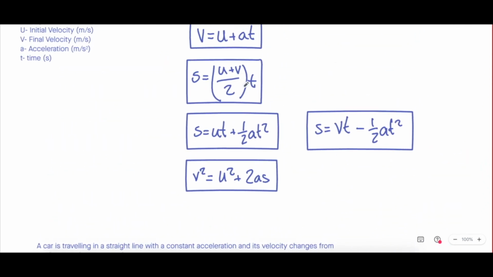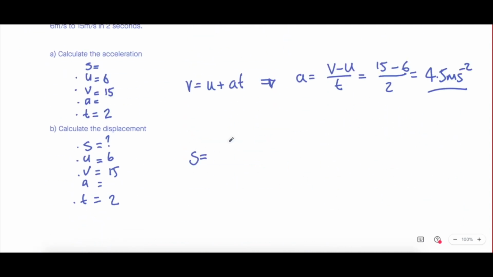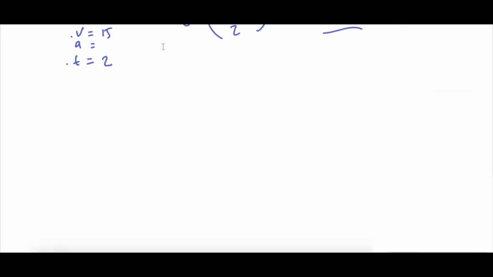That's going to be the second equation. So you can do 6 plus 15 divided by 2, times 2. That gives you 21 meters.